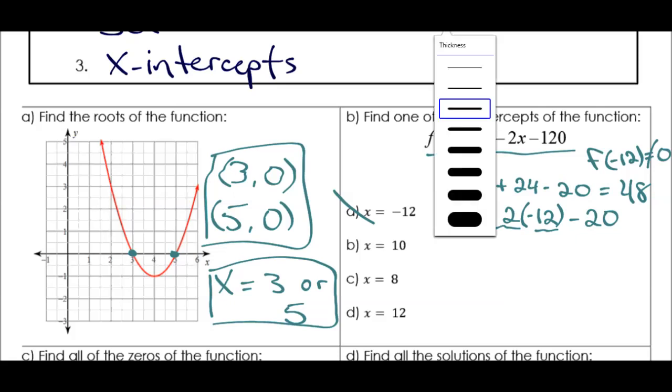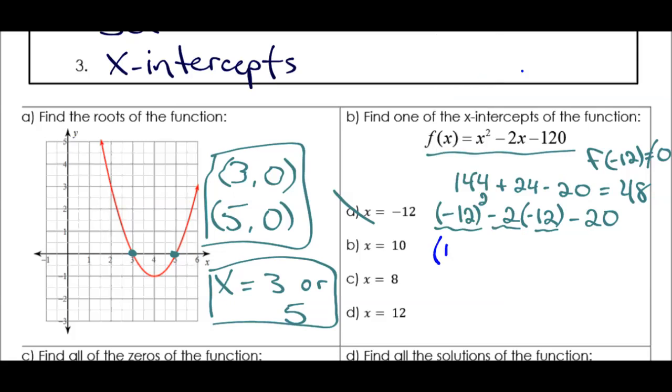Next, we're going to plug in 10. 10 squared is 100, minus 10 times negative 2, or really minus 10 times 2 is 20, so that becomes 80, minus another, oops, I missed the 1 there. Minus 120 is negative 40.